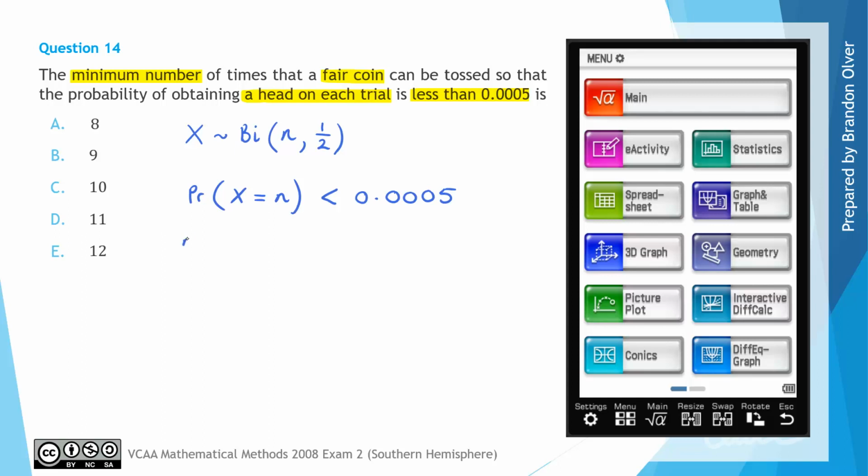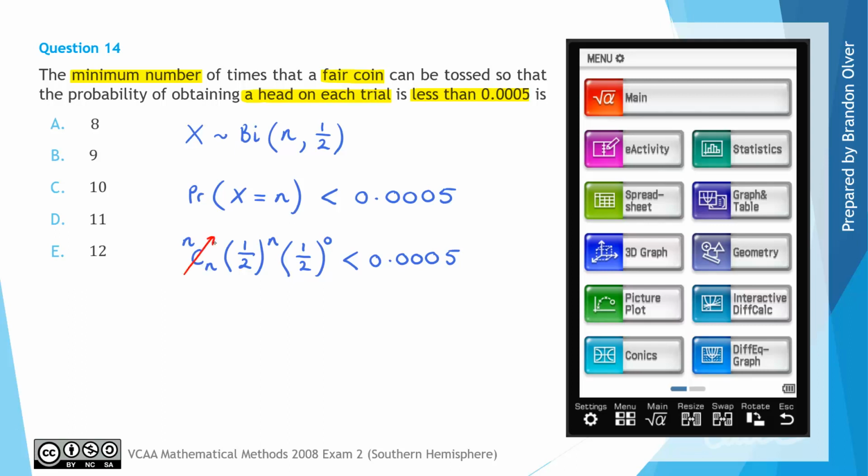So that is that we do n choose n heads, and the probability of obtaining a head is 1/2, so it's 1/2 to the power of n, and then we have 1 minus 1/2, which is also 1/2 to the power of 0 to represent that we get 0 tails, and we now want that to be less than 0.0005.